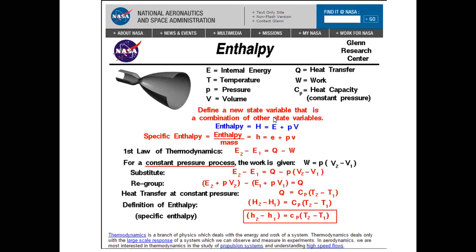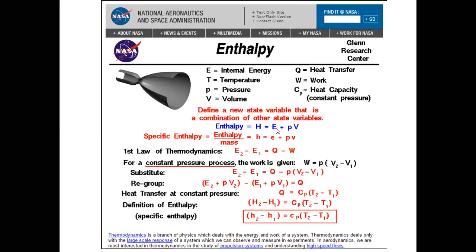Here enthalpy capital H means this is not for 1 kg; for any mass, this is capital H. Capital E is also not for 1 kg, it is for the mass they are considering.